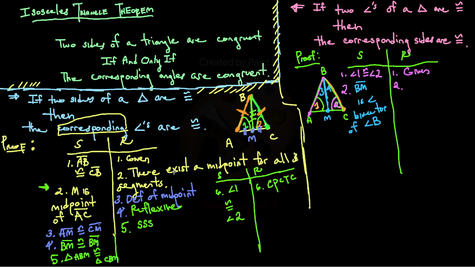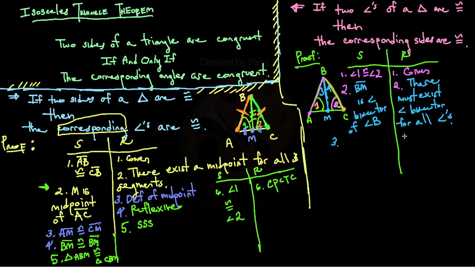Just like how there must exist a midpoint for all segments, there must exist an angle bisector for all angles. So that's included with angle B. So let's say BM is the angle bisector of angle B.